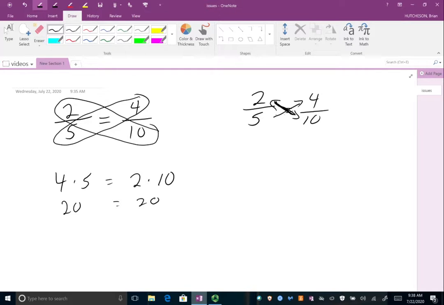What happens if I flip-flop these? And what I mean by that is the 2 and the 10 change places. The 4 and the 5 change places. Is this still a true statement? The answer is yes. 2 times 10 is still the same thing as 4 times 5. And that has to be true.